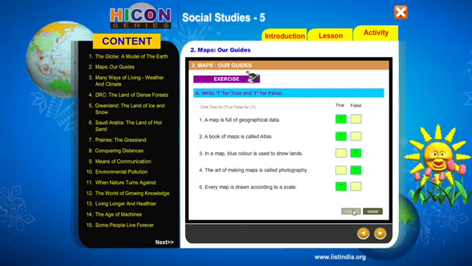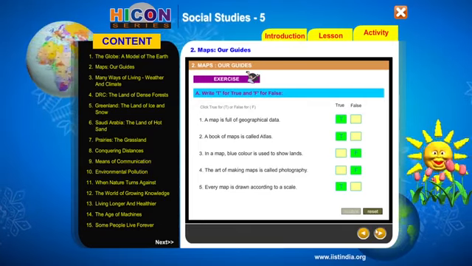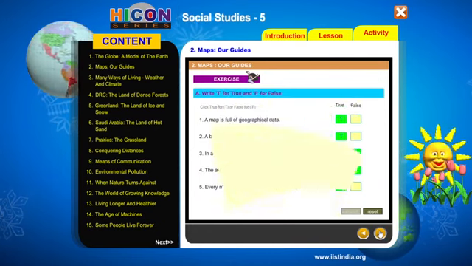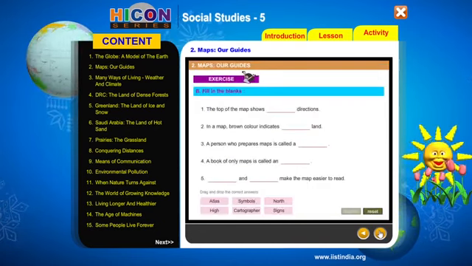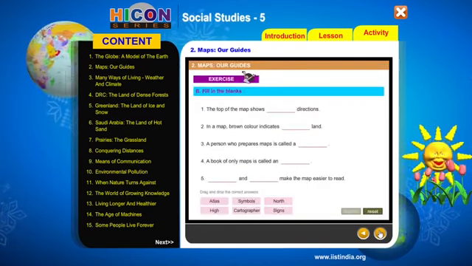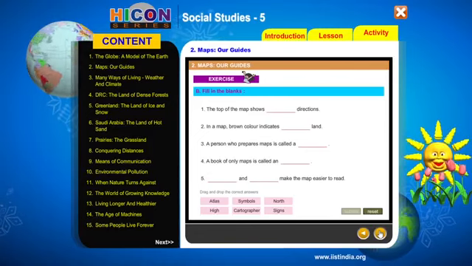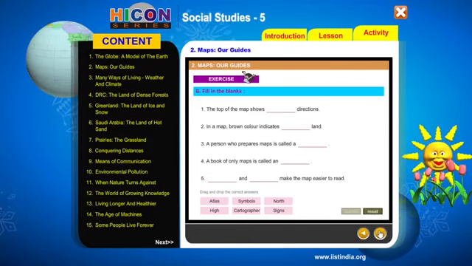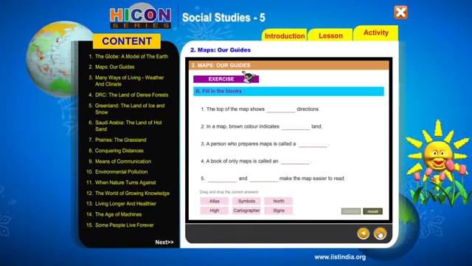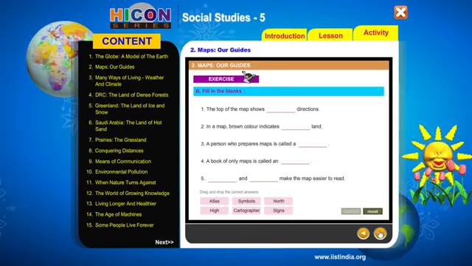Fine, children. Now we'll go on to the next one. Fill in the blanks. So we have five sentences given there with a blank or two each. In the last one, there are two blanks. In the other four, we have one blank each.